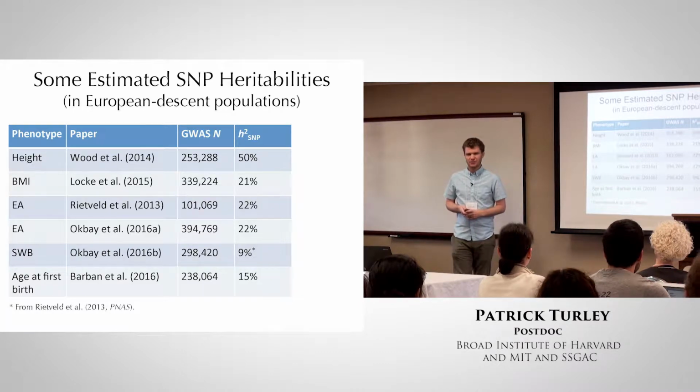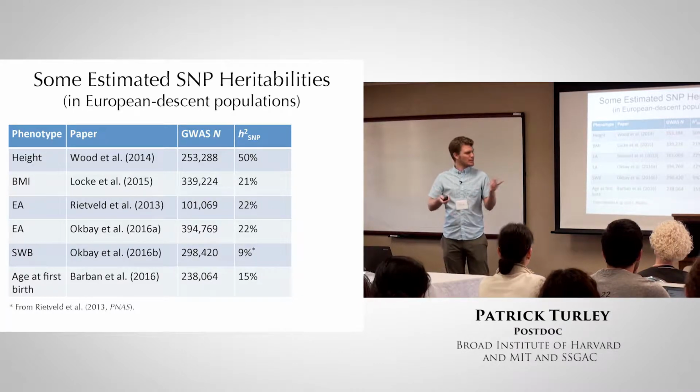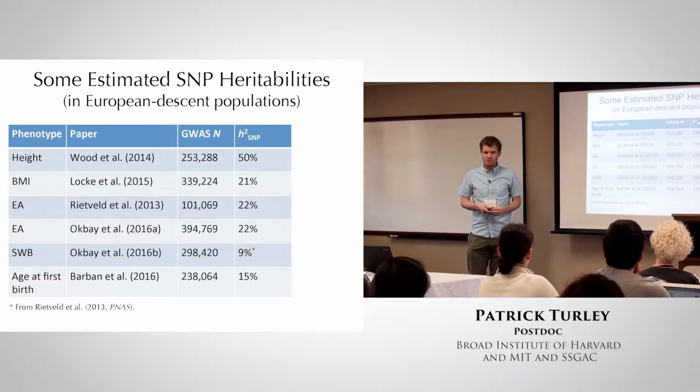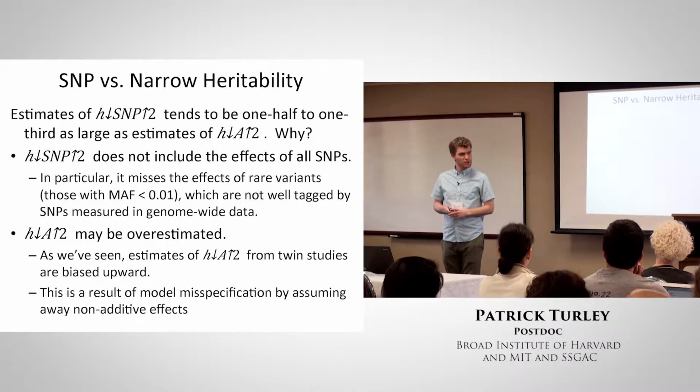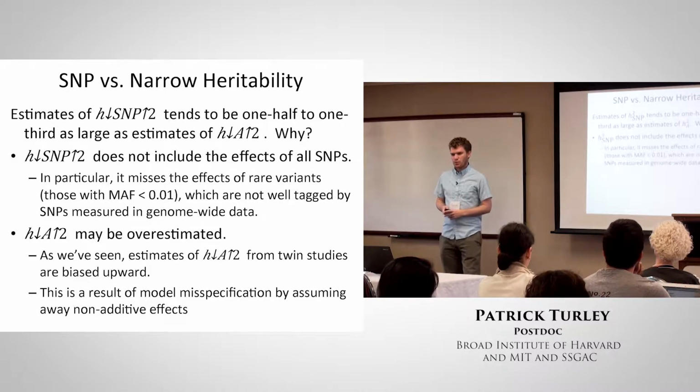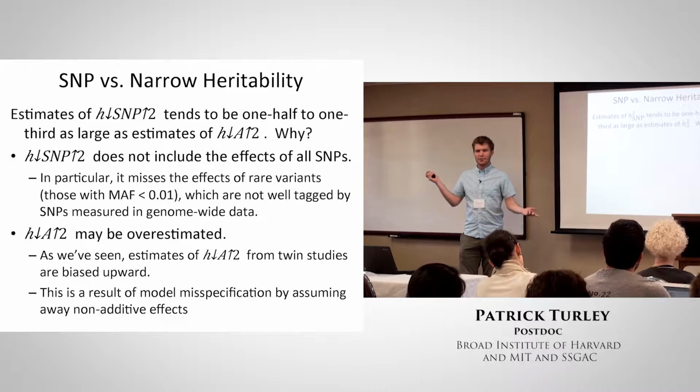Age at first birth, we're at 15. So as you can see, these numbers are still substantial, but they're not as large as the numbers that we were reporting for the twin studies. Why not? Why are these going to be smaller than the twin study heritabilities?